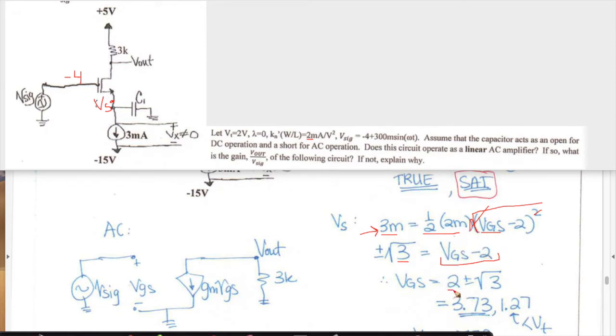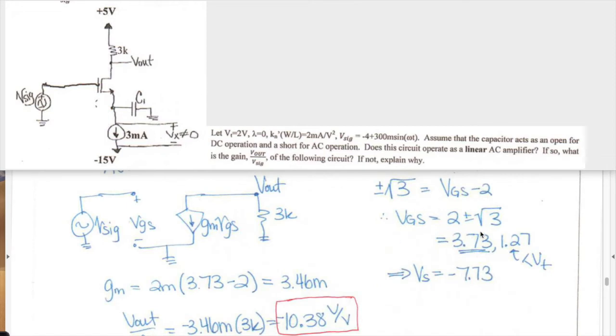We bring 2 over to the other side, and we have plus or minus the square root of 3, so 3.73 or 0.27. This one is less than VT, so it's not this one. So 3.73 is going to be our VGS value, and it is greater than VT, so yes, this meets the conditions for saturation.